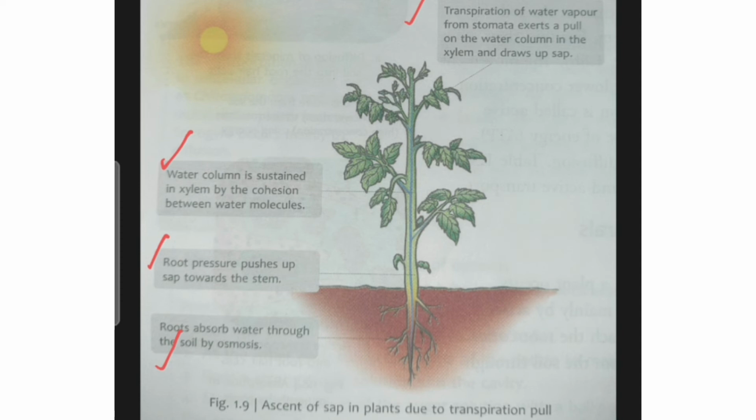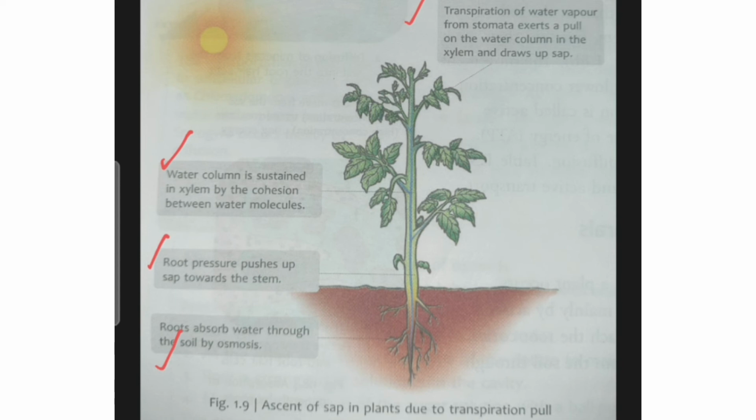So, the loss of water in the form of water vapor through the stomata and leaves or other aerial parts of the plant is called transpiration, that I already told you. The upward movement of water and minerals from the roots to the aerial parts of a plant against gravitational force is called the ascent of sap.